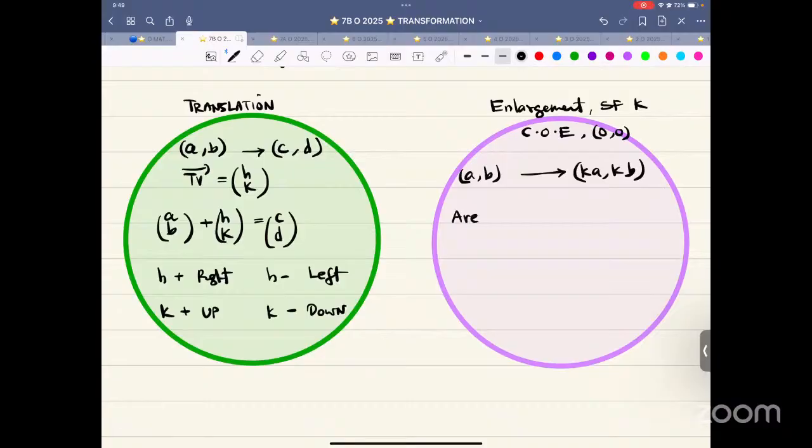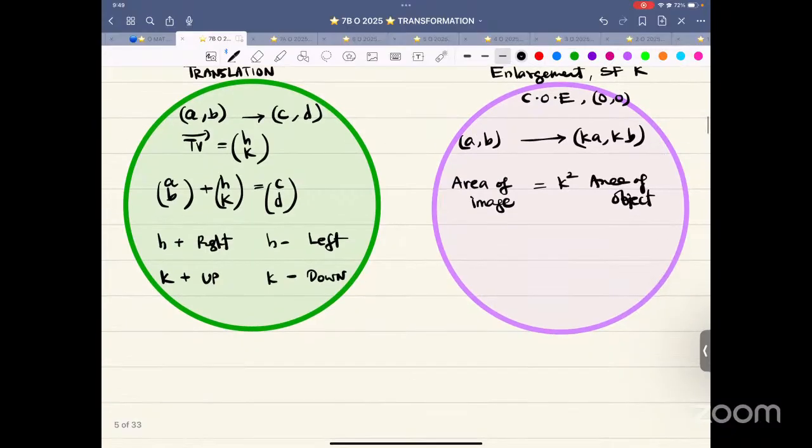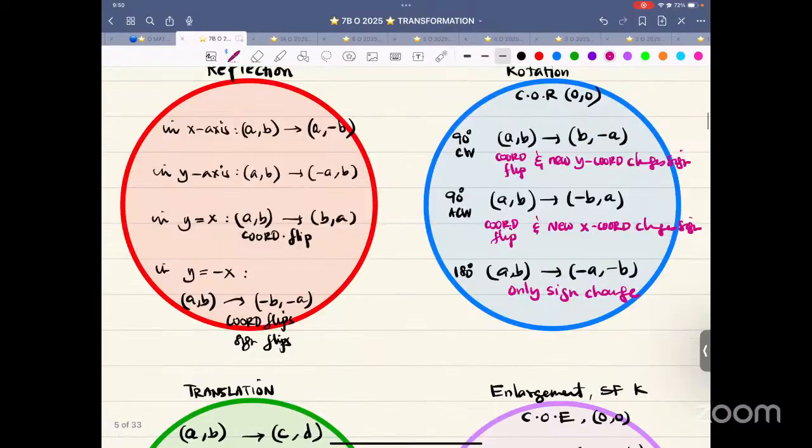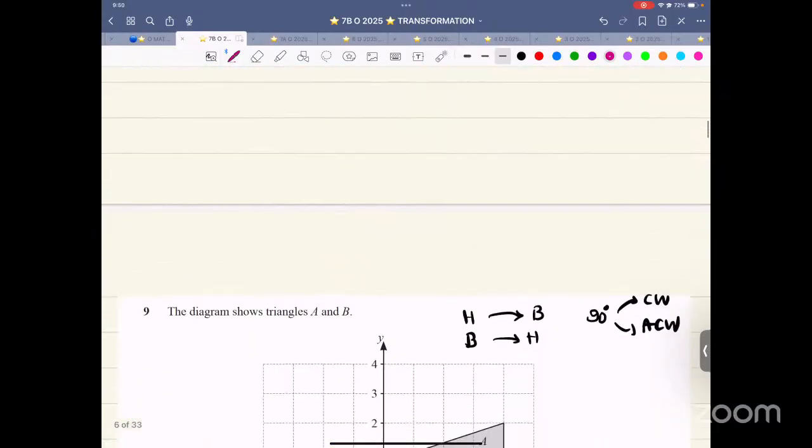And the area of the image is k squared times the area of the original, that is the object. So object stands for original and image stands for final. Okay, so now this is the summary over here.